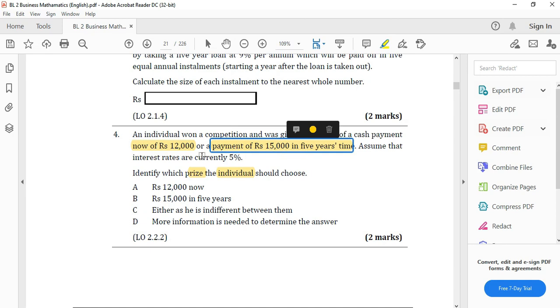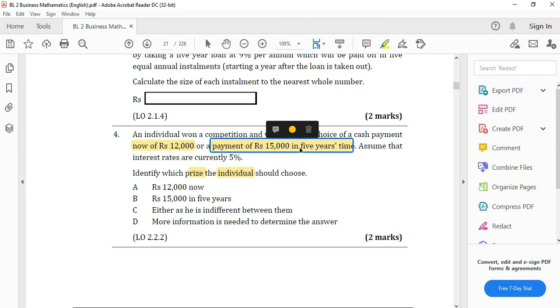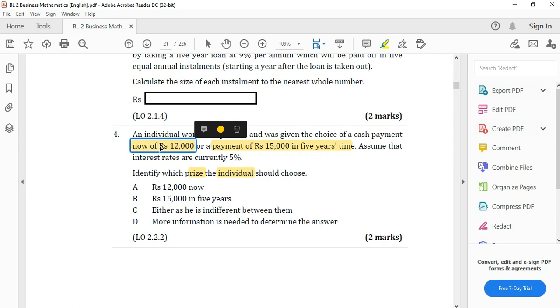But we can't simply compare 12,000 rupees today with 15,000 rupees in 5 years' time. We must value 15,000 rupees in today's value and then compare both choices in today's terms at the rate of 5%. So 5% will be your discount rate.